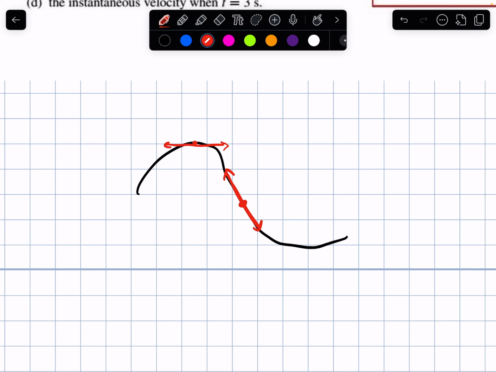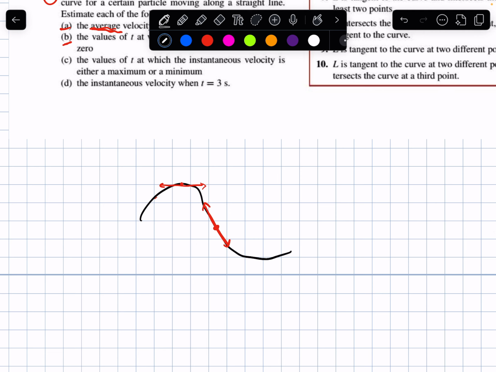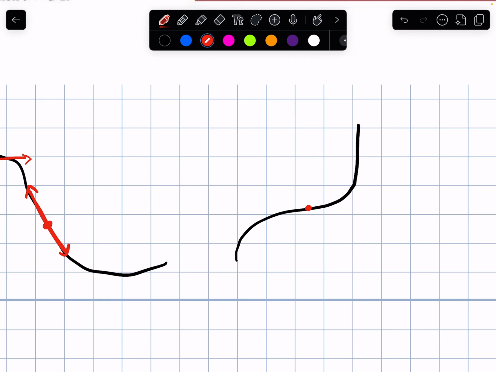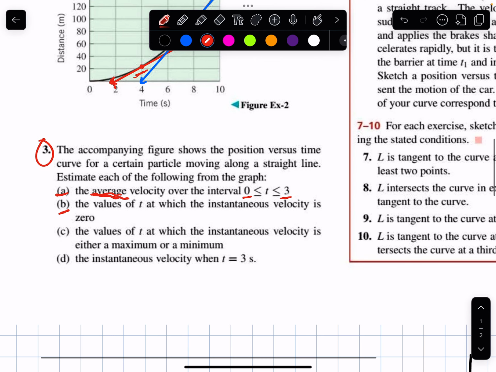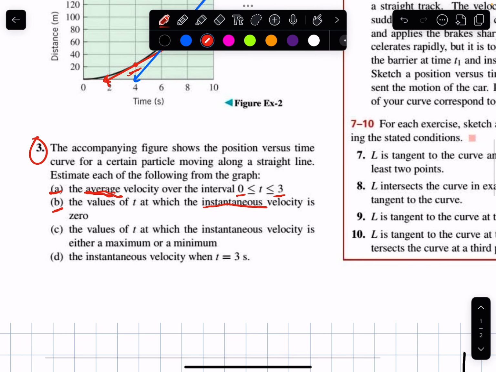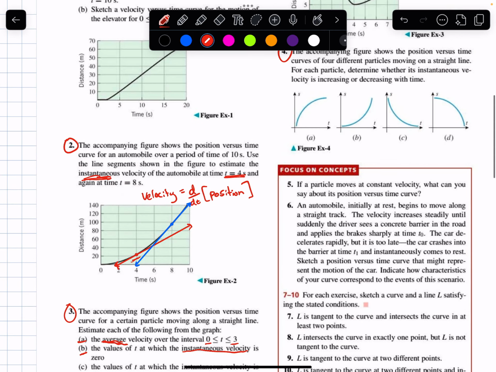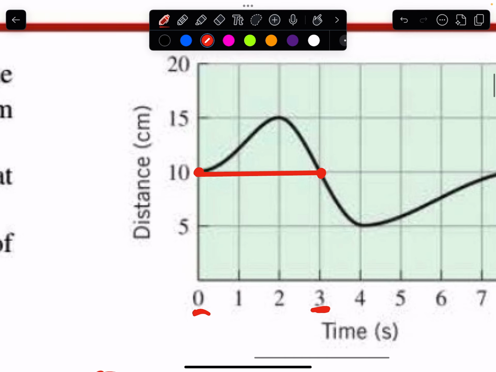A horizontal slope is when this thing goes up and then just kind of stops and stalls right there. So once again, if it was a graph like this, there would be a horizontal tangent line, or a tangent line with the slope of 0, right here as well. So remember, we're looking for where the instantaneous velocity is 0. So it's where this tangent line's slope is going to be 0, which will be right here and right here.